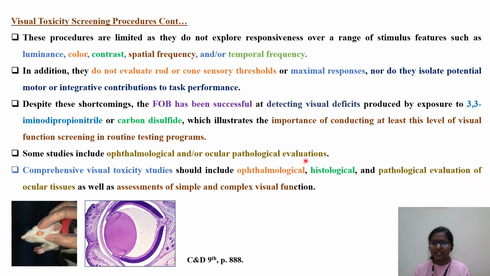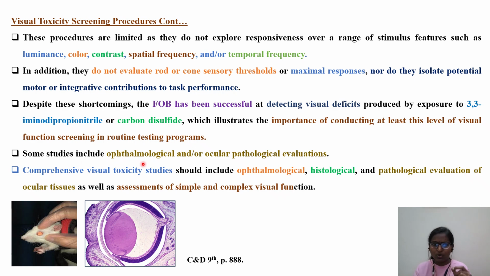So go back and read once again. If you look into the OECD 407 guideline, when you do histopathology of 28 to 30, 32 organs, see if the eye is also a part of that. Those who are doing studies will definitely be doing it. Other people, please go back and read and check whether the eye is a part of this one. Are they performing histopathology? That is an assignment for you.